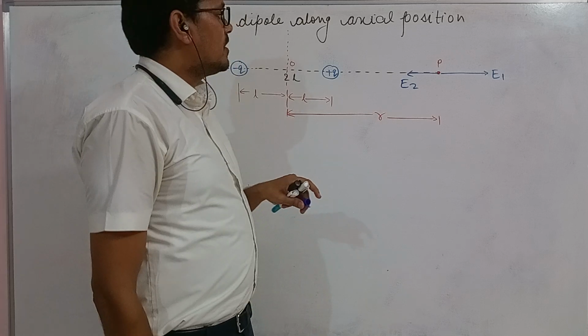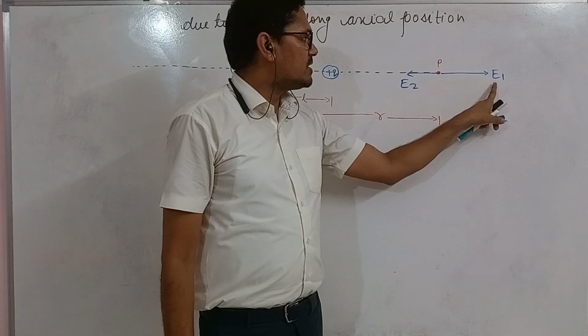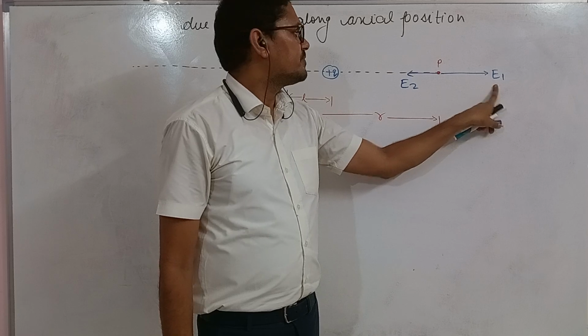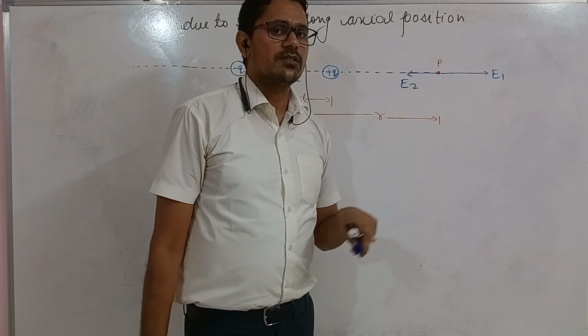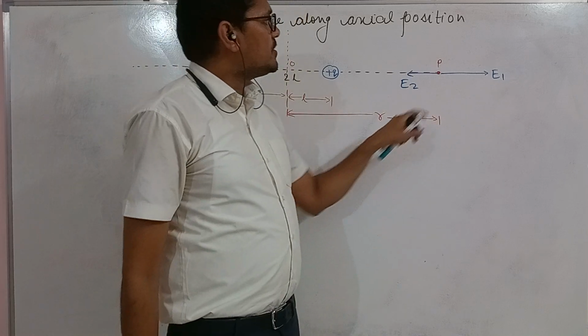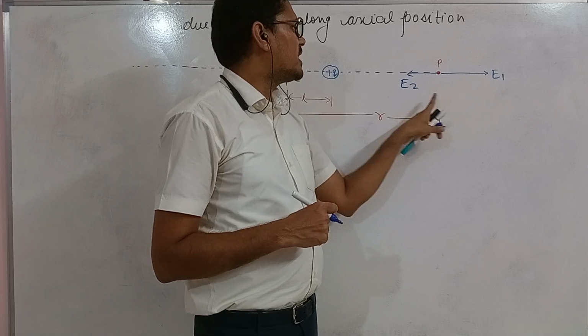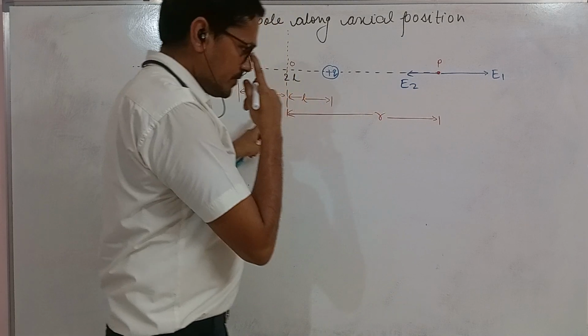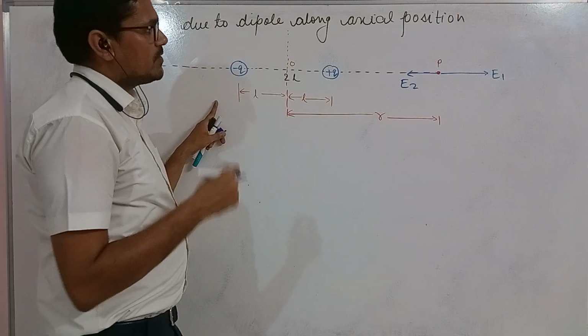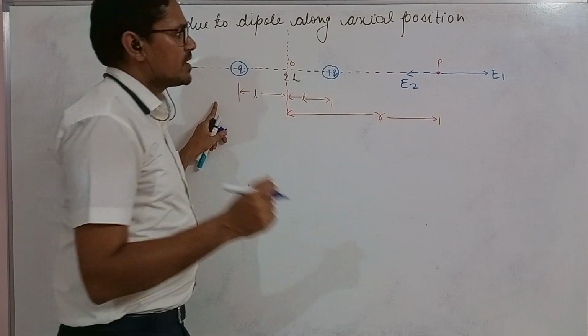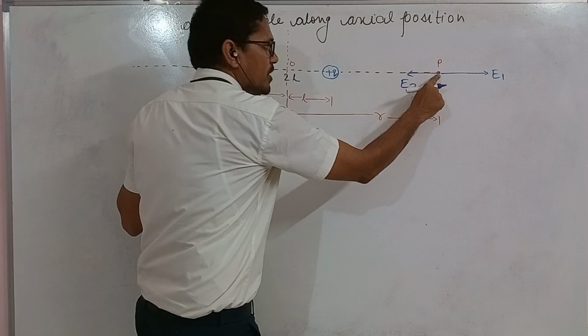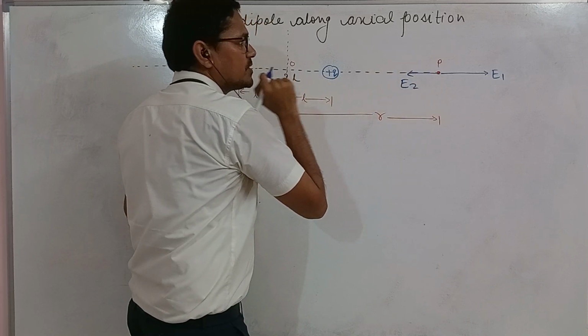Now you observe that E1 is a little longer and E2 is a little shorter. It means the magnitude of the electric field E1 would be larger than the electric field due to the negative charge. Why so? The reason is simple. If you observe, you'll find that the point P is closer to this plus Q charge.